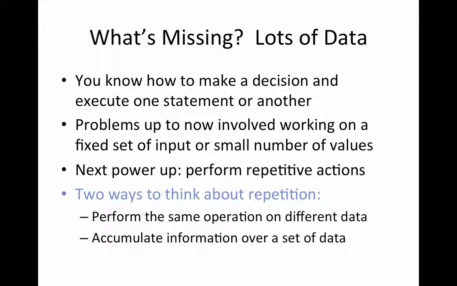For instance, you check whether or not it is a palindrome. This is an example of performing the same operation on different data, every single line of the file. If we read numbers from a file and then compute their sum, for example, this is an example of an action where we accumulate information, the sum, over a set of data.